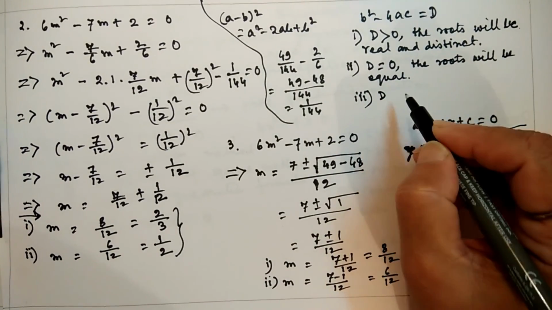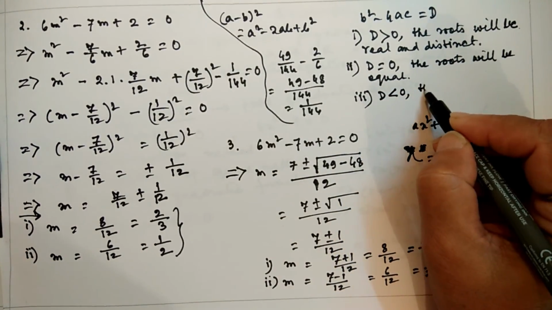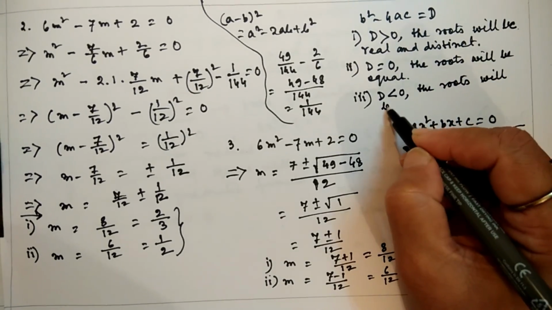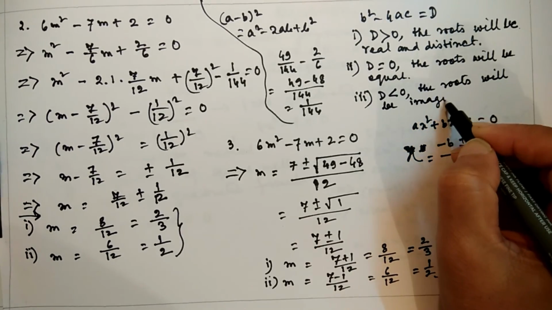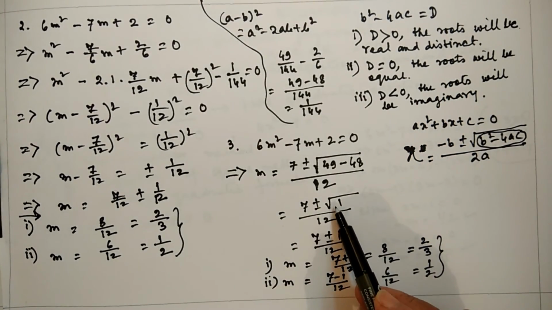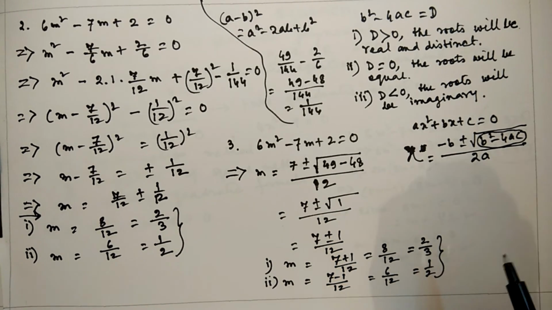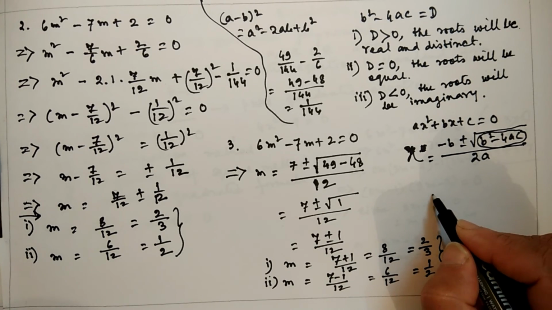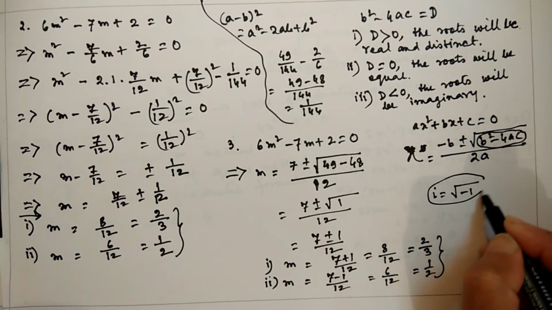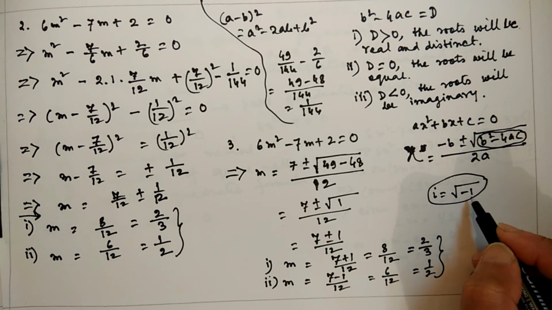So if D is less than 0, then the roots will be imaginary. Here you see, if this becomes root over minus 1, then we will get two imaginary roots. So i is equal to root over minus 1. We write i in place of root over minus 1. This is an imaginary value.